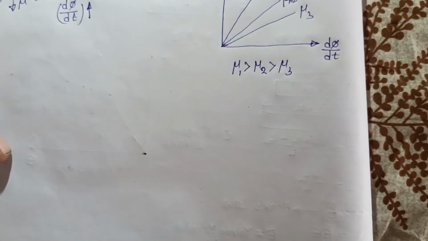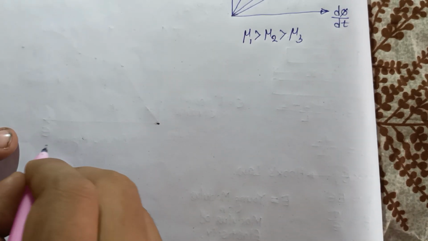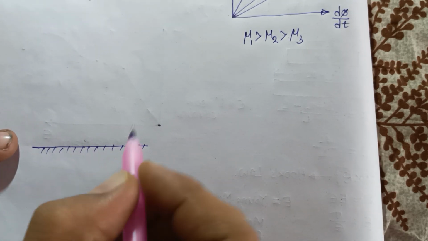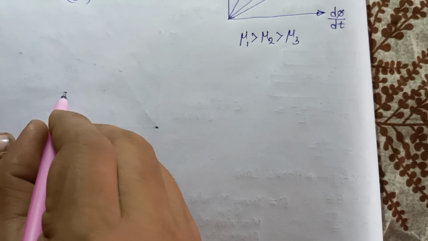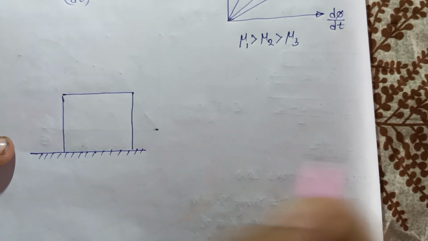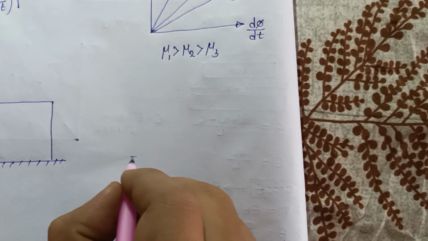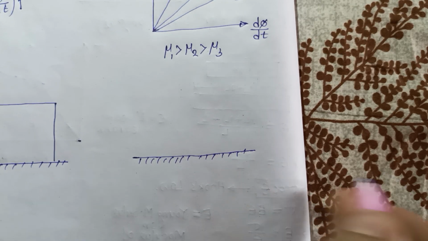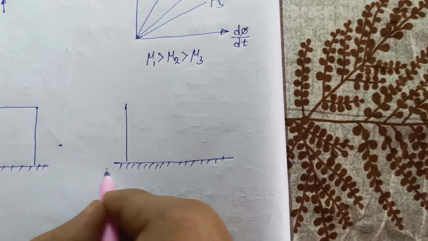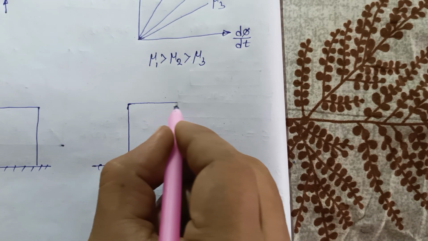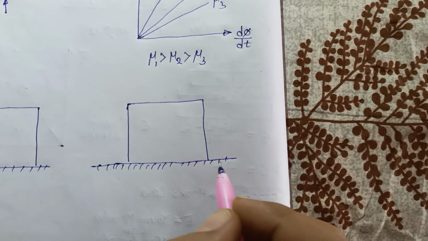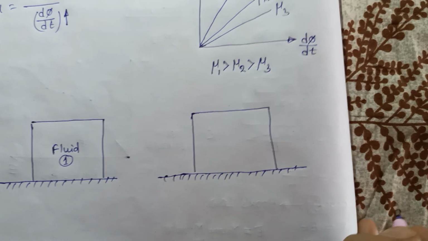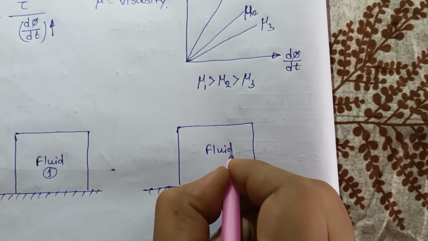Okay, now consider this is the solid surface here. On this solid surface there is a fluid, and there is another solid surface with another fluid on it. So consider this is fluid 1 and this is fluid 2.